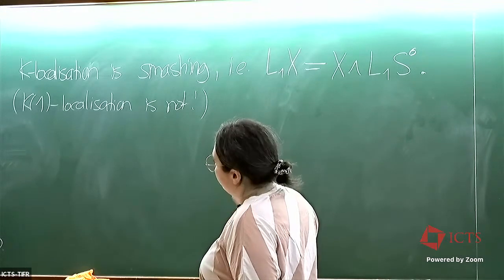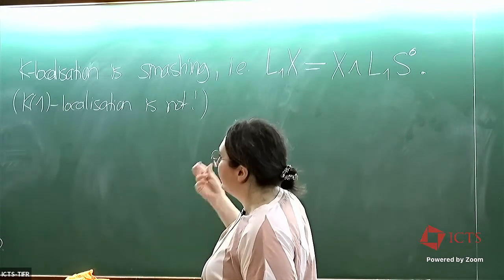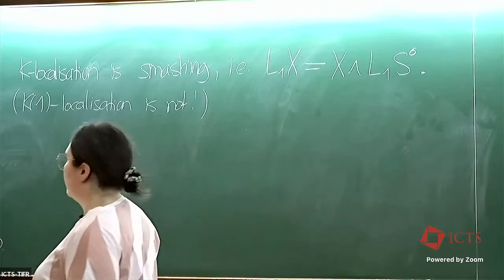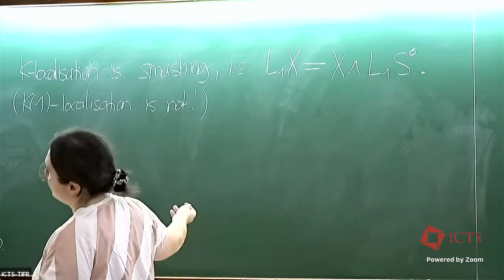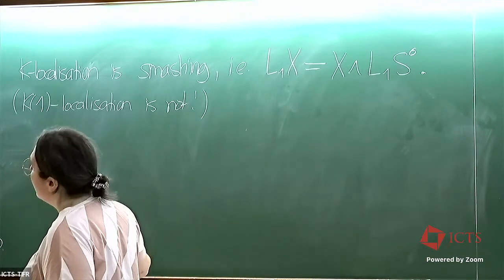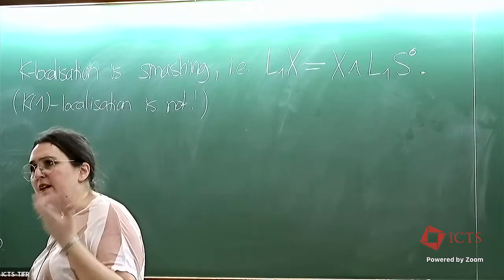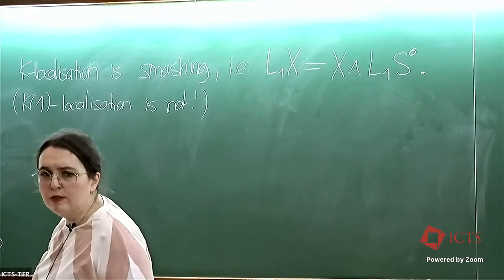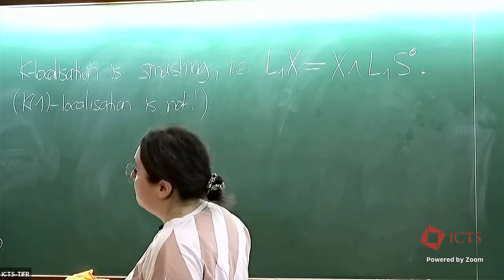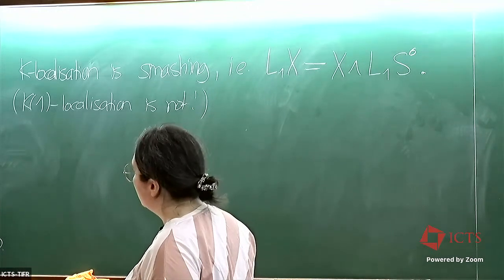But the point of looking at E1 and K1 wasn't just to say, okay, that one is a bit like P localization, it is a bit like P completion, but we also had the rational case. We had n equals 0, as we now know.